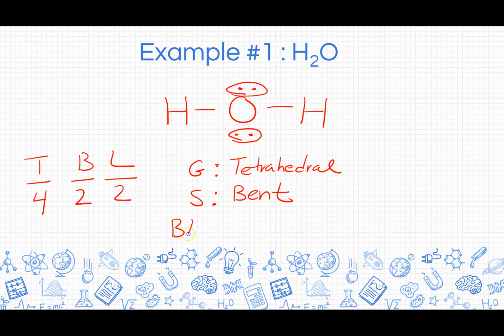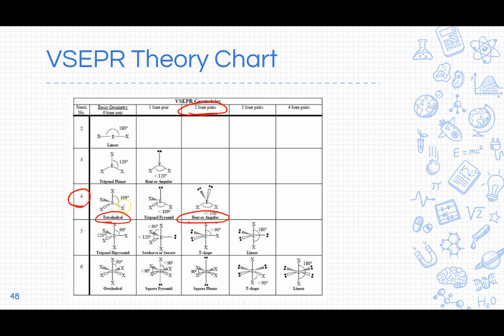And my bond angle, because this is tetrahedral, I'm in the 109 range. Typically on the AP exam, they actually say 109.5 for tetrahedral, so I'm going to use that number. So tetrahedral has a bond angle of 109.5.